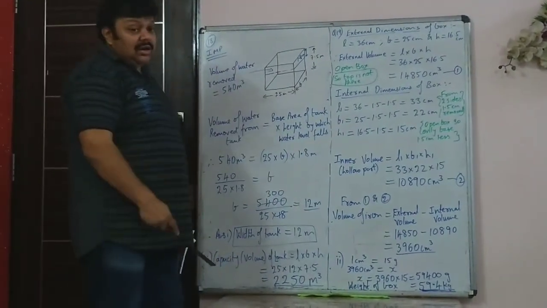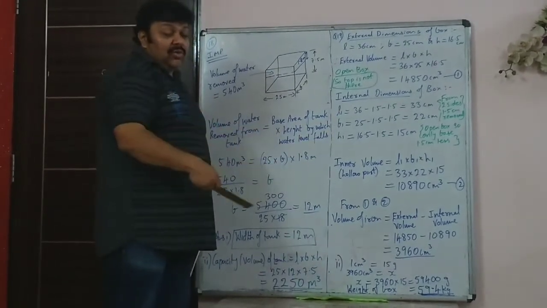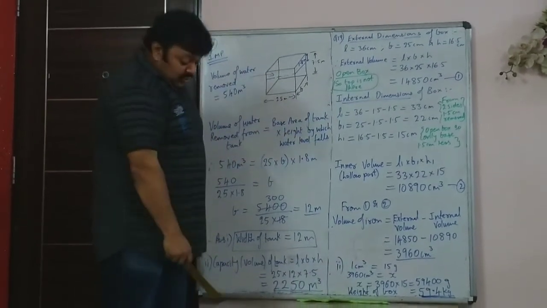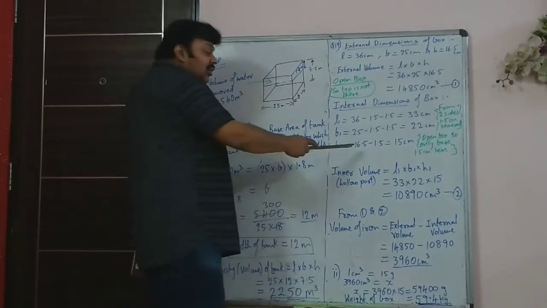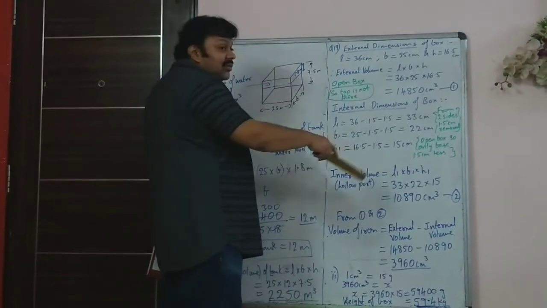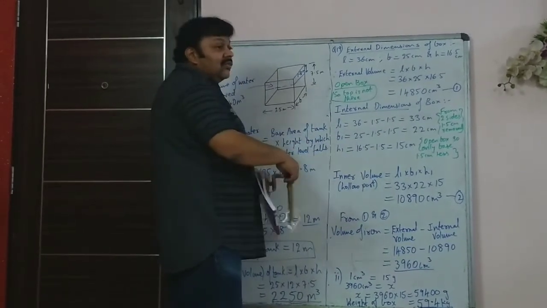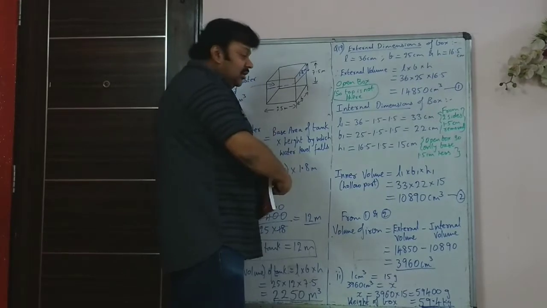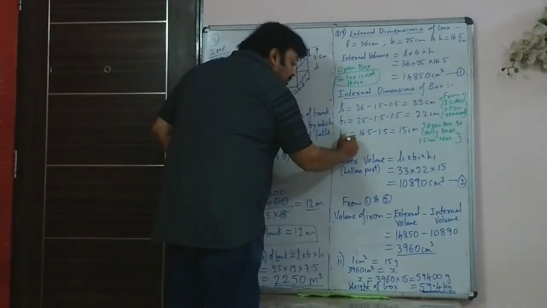And the height now, from the height, there is no top. So you won't remove anything from the top. Only from the base that 1.5 will go. So you are not doing 16.5 minus 2 times 1.5. It is only 16.5 minus 1.5, that is 15. The reason is the top is open, there is no top.